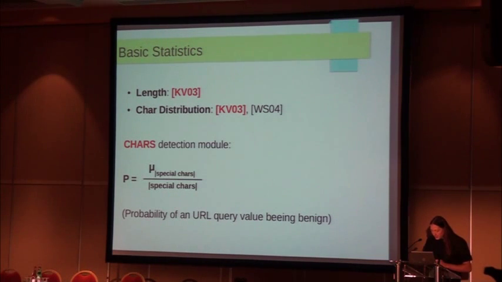What we do is just use the idea of the length and the character distribution in a very, very simple way. For all web applications' URL query string parameter values, we calculate the mean of the occurrence of non-alphanumeric characters. We do this by simply removing all digits and Unicode letters, and then we compare it against the mean of non-alphanumeric, meaning special characters, for a certain URL query string parameter.